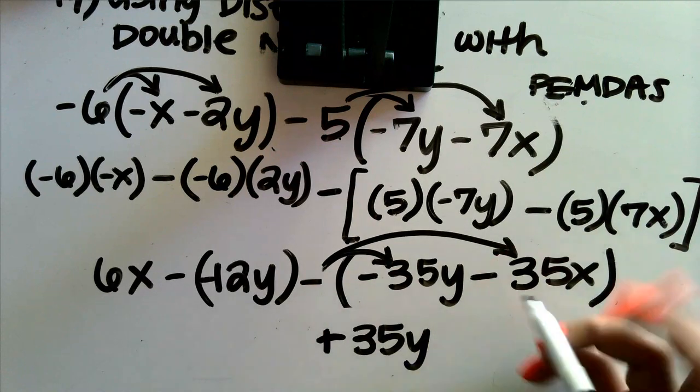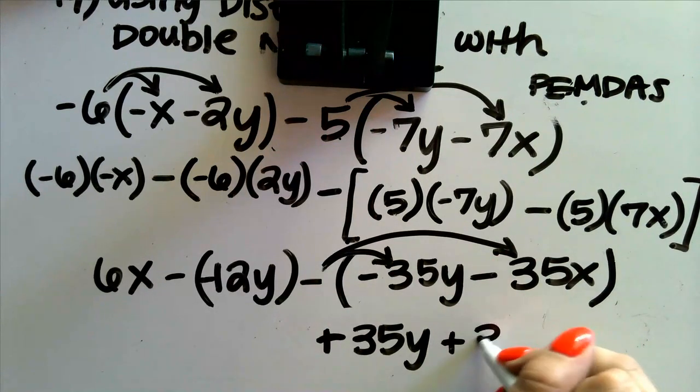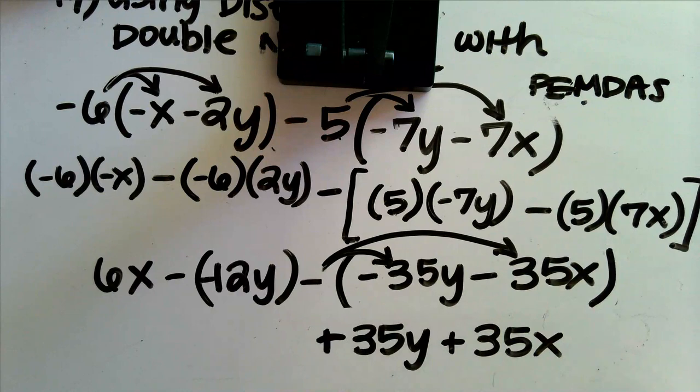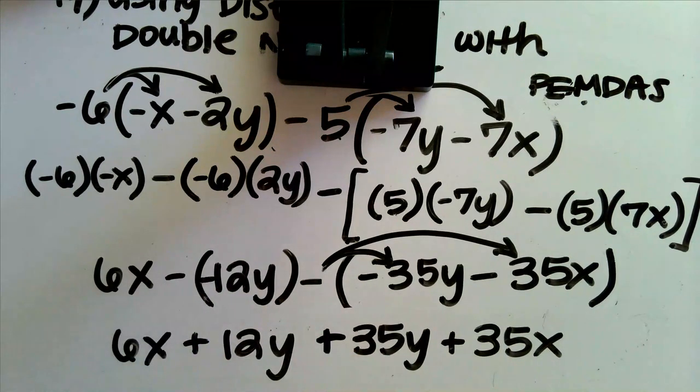Negative times a negative becomes a positive 35x. Okay? We distributed in our negative to both terms inside of this parentheses. Let's go ahead and jump back over to outside. 6x minus a negative 12y, we know that that's going to become a positive 12y. Just bring down that 6x. We end up with all positives here.